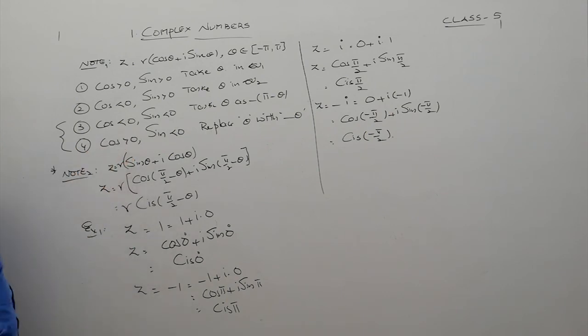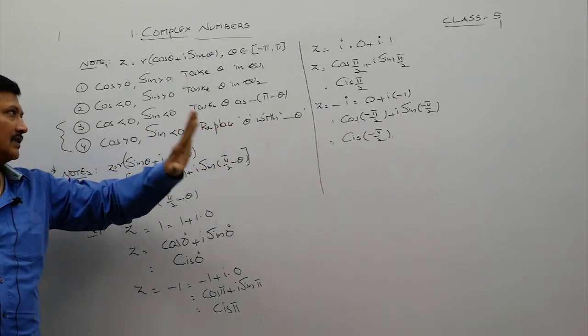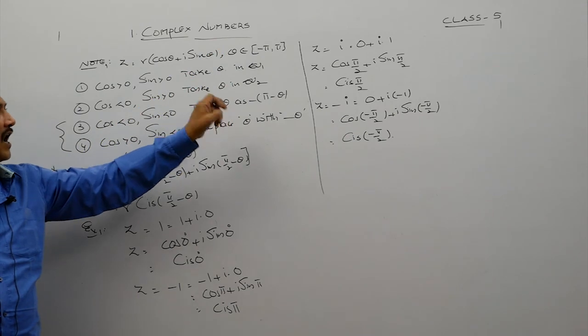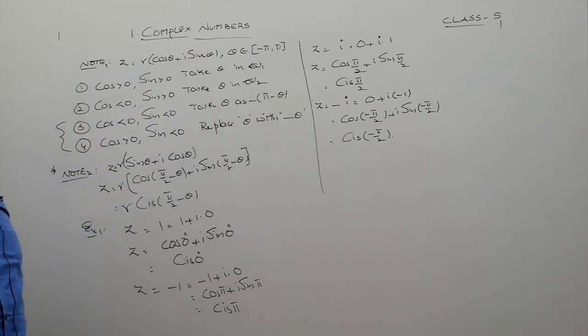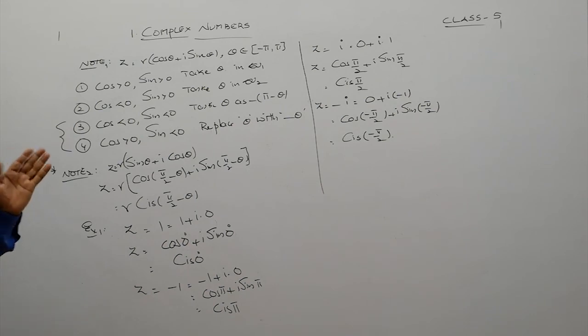Similarly, cos is positive, sin is negative, then replace theta with minus theta, so that all these are the principal arguments. So we can say principal arguments clearly belong to the interval minus pi comma pi.